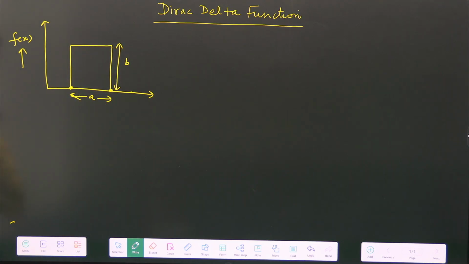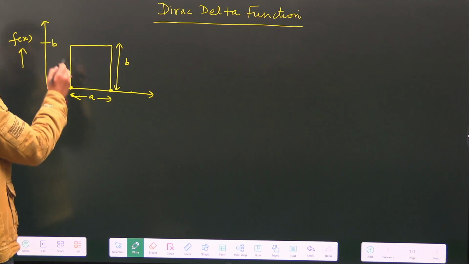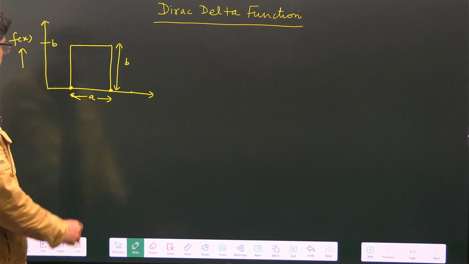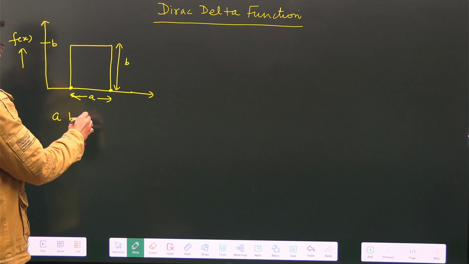The height is b and the width is small a. And suppose this function is defined such that a times b is always 1.